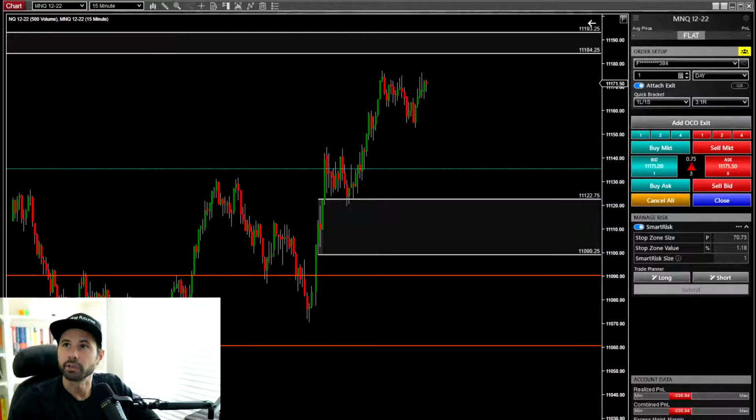Dollar continues to drop, and yields are still in the demand, but they're dropping pretty sharply.